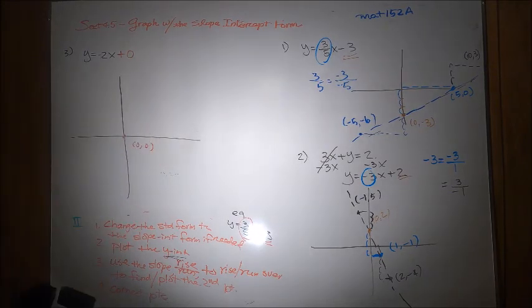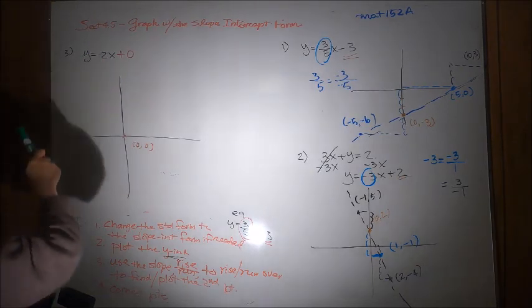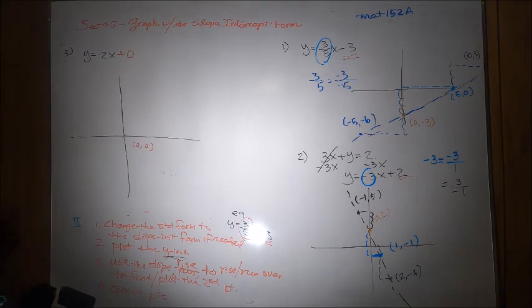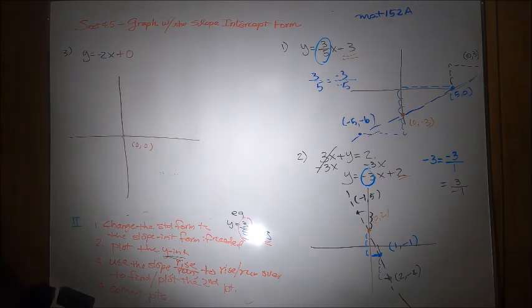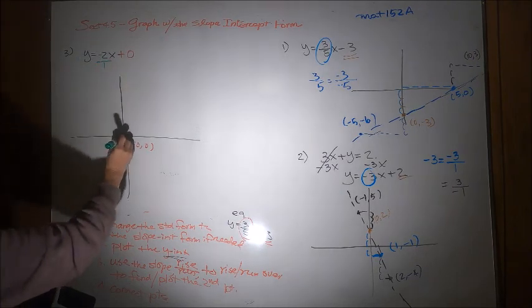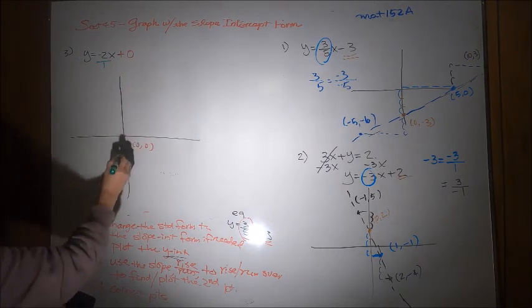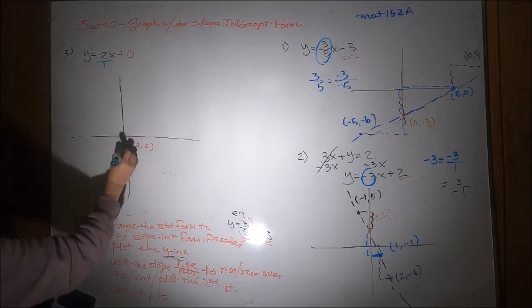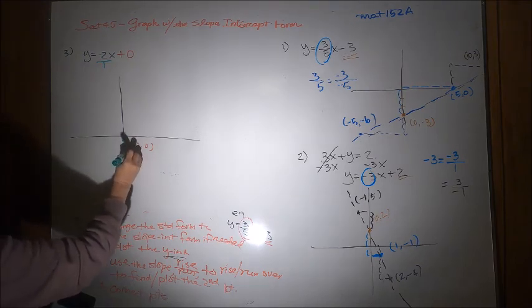Right? And this one is negative for the slope. So it goes up or goes down? It goes down, right? So put 1 underneath. So you do what? Going down 2 and move over what? 1, right?